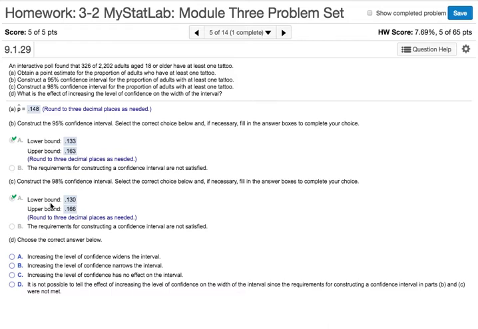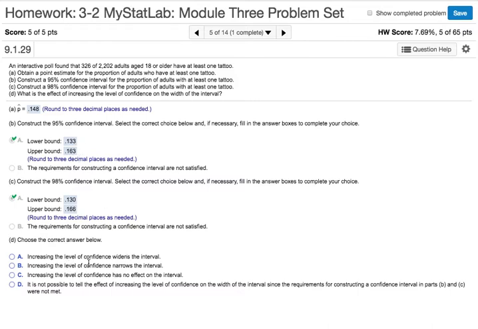And then when we increased the confidence level, so we went from 95 to 98, this got bigger because it widens it. It started out at 0.133 to 0.163, and this goes to 0.166. So this is wider than this, and we could figure that out just by subtracting these two and these two.